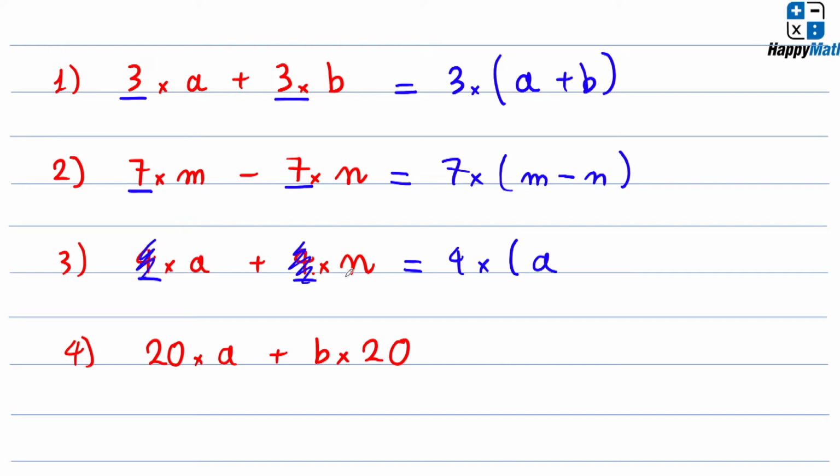The second term I don't rewrite 4 anymore, it is plus n. That's all. How about the fourth? You have 20 here. 20 is a common factor. Very easy to recognize. You take 20 outside, b plus a. We're done. The first 4 questions, I think, are not too difficult for you.